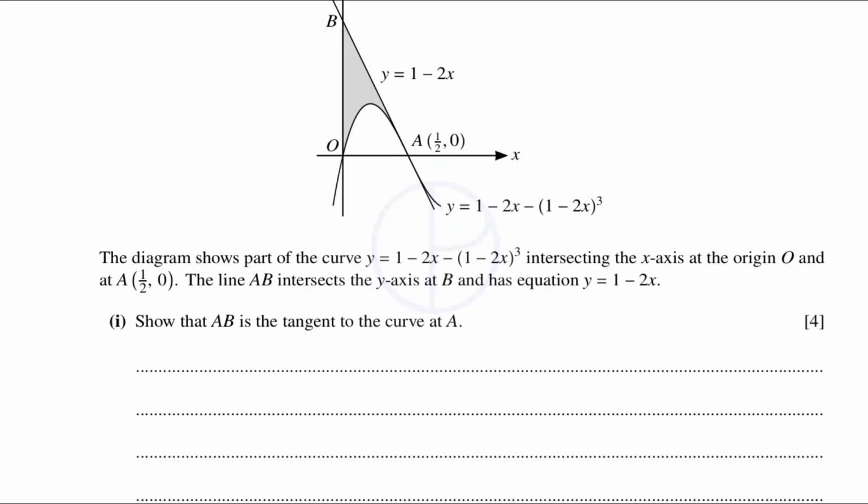How to find the equation of the tangent? To find the equation of the tangent, first find the gradient dy/dx. When you differentiate 1, it will become 0. Minus 2 minus, the power is 3 times (1 − 2x), power is reduced by 1, so 2, times the coefficient of x, which is negative 2. Differentiation of negative 2x gives negative 2.